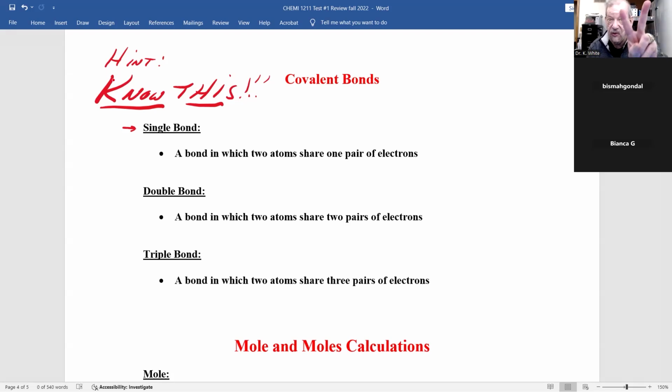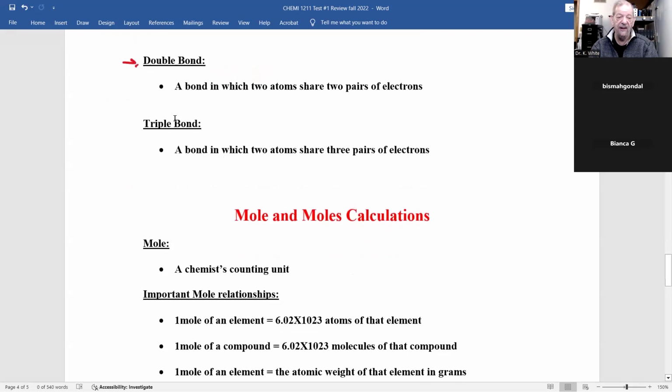Remember, a pair means 2 electrons, so 1 pair is 2 electrons, 2 pairs is 4. So single bond, sharing 1 pair of electrons between 2 atoms. Double bond, sharing 2 pairs of electrons. And a triple bond, sharing 3 pairs of electrons.